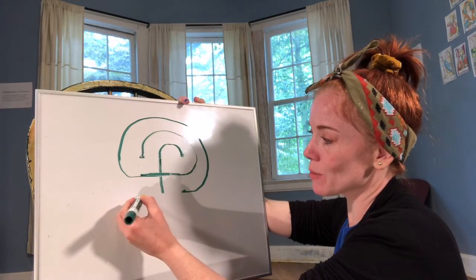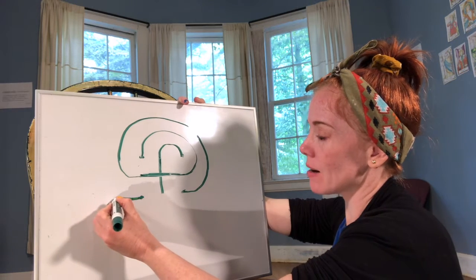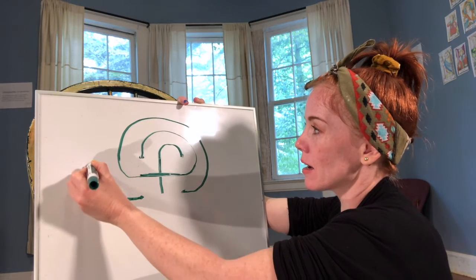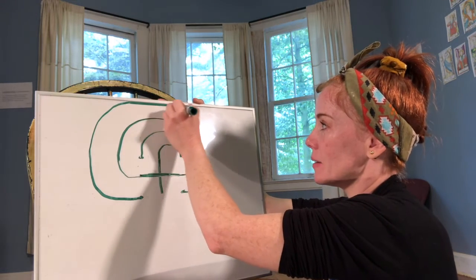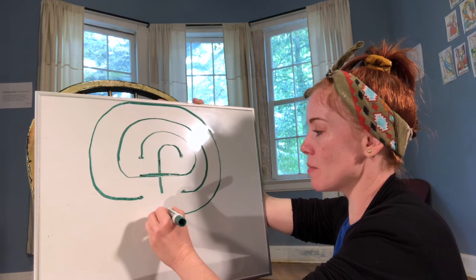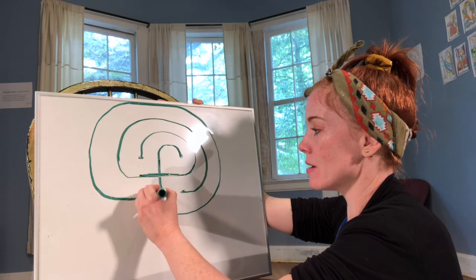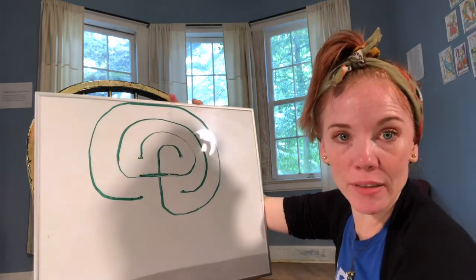And so last one, we are here, and we're going to keep going around. Oh, we're going to have to get kind of a little skinny right there. There we go. That's cool. And we go all the way to the bottom of the cross, and we have made a labyrinth, a pathway.